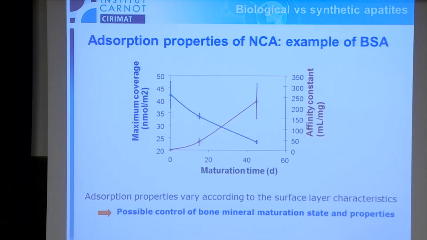Finally, on the studies of properties of nanocrystalline apatite, here I show the example of bovine serum albumin adsorption on nanocrystalline apatite as a function of maturation time of apatite.